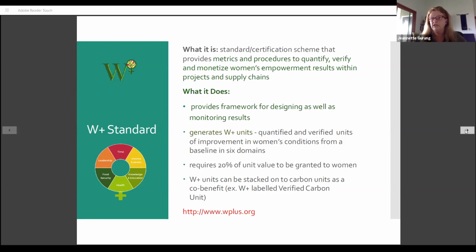We are building the market for this. There are purchasers, buyers. These units are tradable, and there are brokers that are selling. It's also one of the conditions of the W+ standard that at least 20% of the value of each of those units needs to be transferred in cash or equivalent of cash payment to the women's groups within the project itself that was measured.